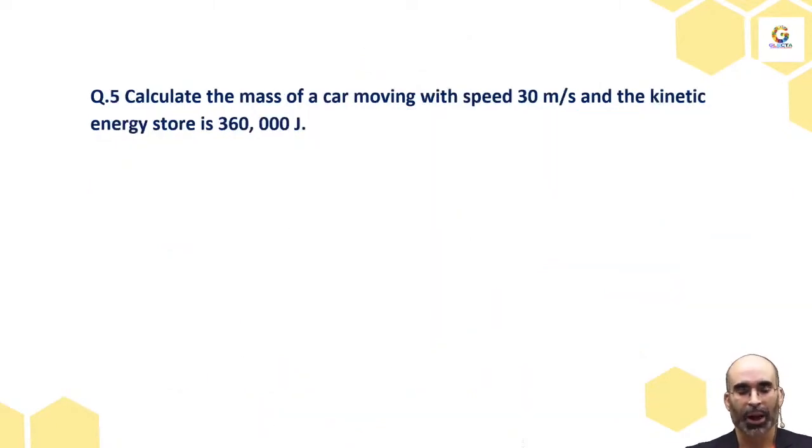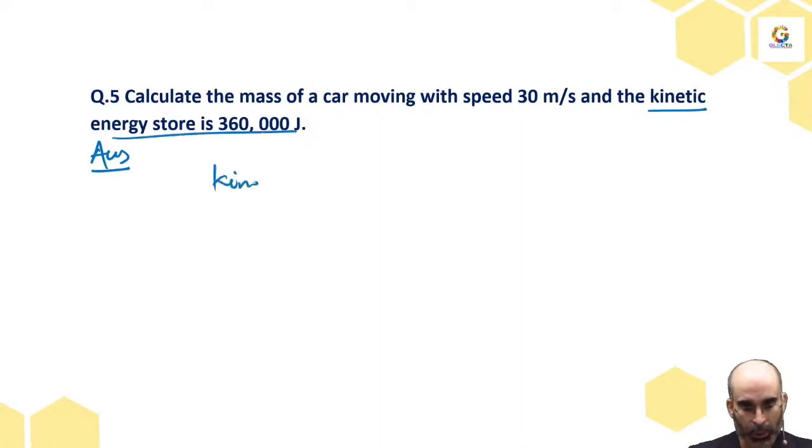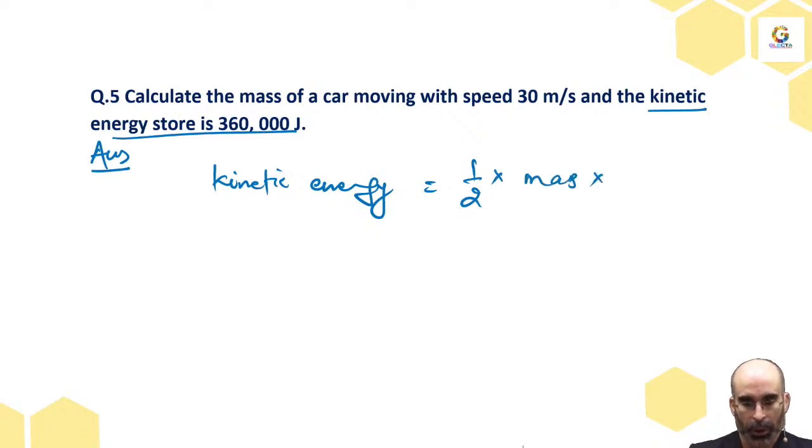Is that clear? Calculate the mass of a car moving with speed 30 meters per second, and the kinetic energy store is 360,000 joule. So kinetic energy store, we have this value. Kinetic energy equals half multiplied by mass multiplied by speed square, right?